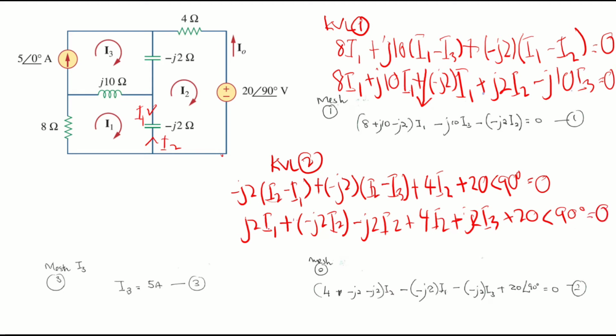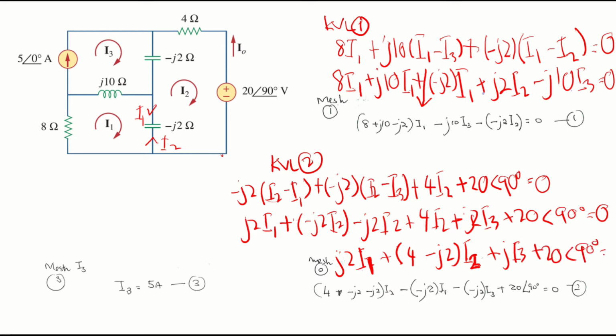So if you simplify this, we will get J2 I1, and then 4 minus J2 I2, and lastly J2 I3, plus 20 angle 90 degrees equal to 0.